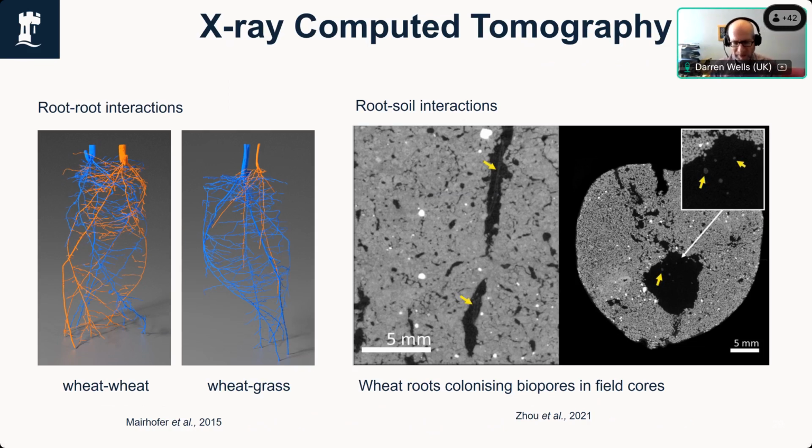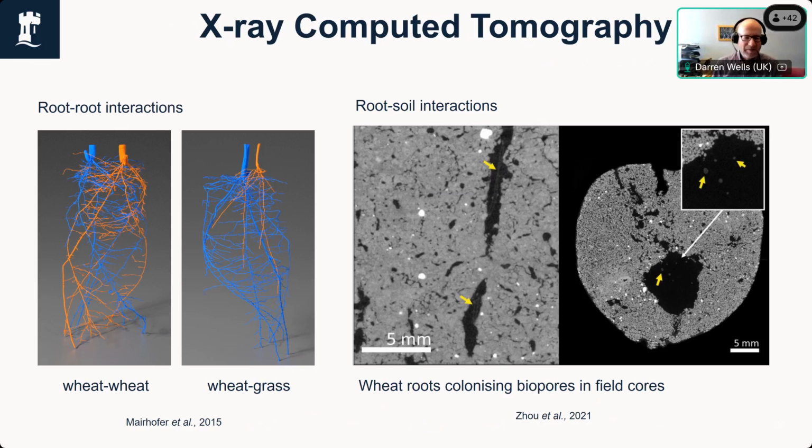And this was a nice experiment from a year or so ago that was taking field cores and scanning them and looking for where wheat roots had grown and the relationship between the pore structure of the soil and where the roots end up. And probably not surprising, at a certain size, roots will grow down biopores rather than grow through the soil itself.